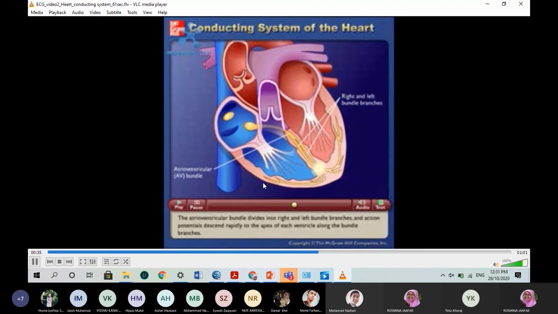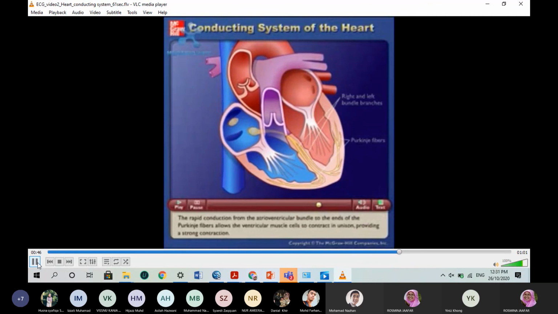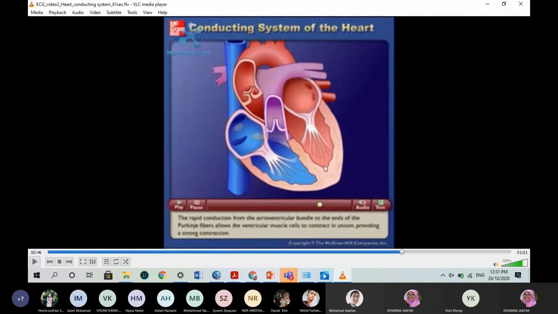The end of the AV bundle will be the Purkinje fibers, which, when they receive the action potential signals, will cause the ventricles, the lower part of the heart, to contract.